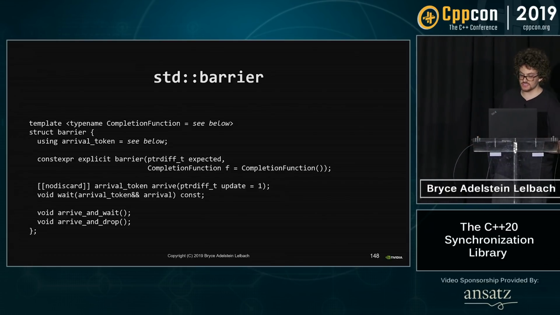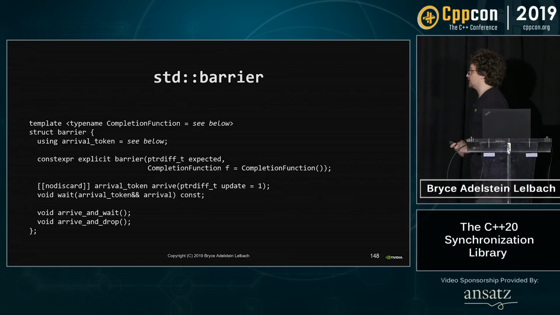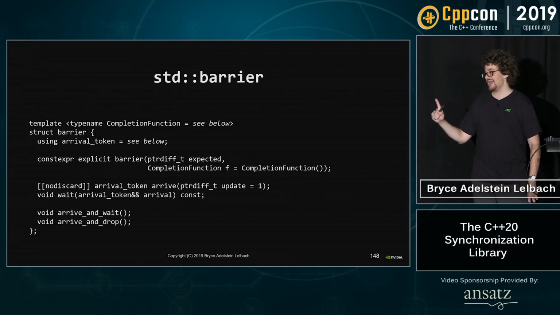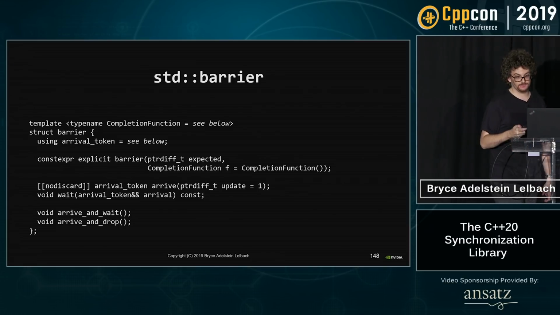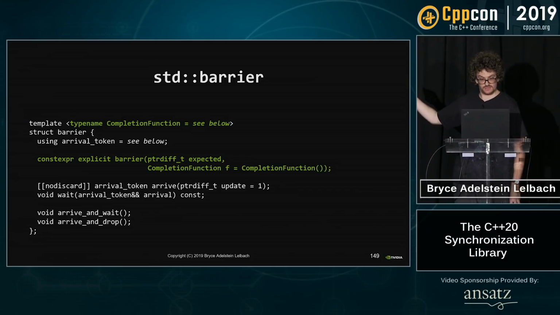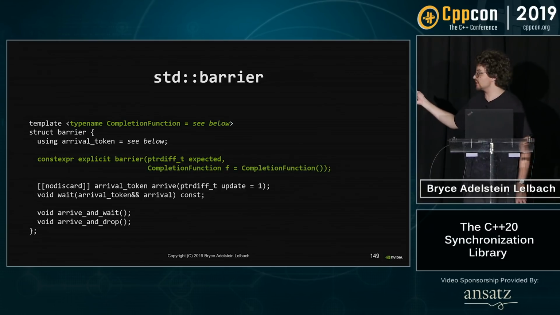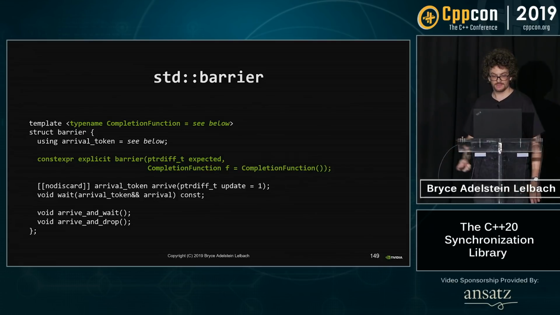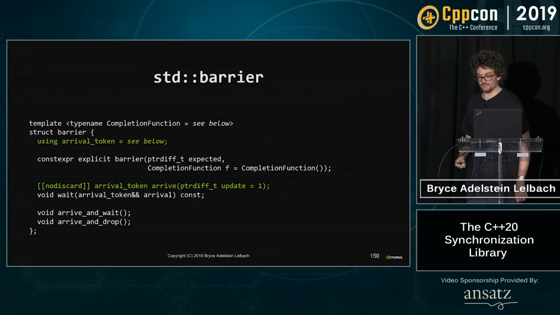And barrier also supports a completion function. A completion function is a function that gets run by one thread at the end of each barrier phase. It's taken on construction, in addition to the count of how many threads are participating in the barrier.